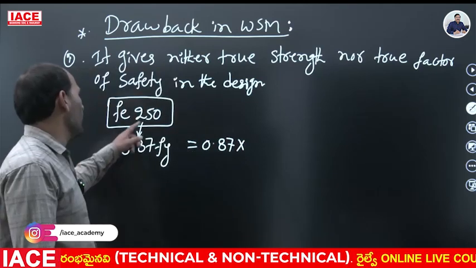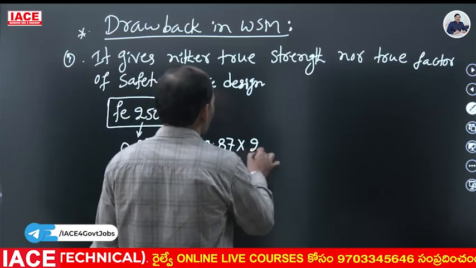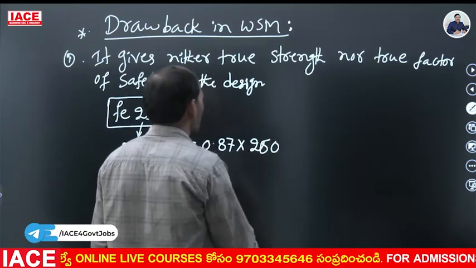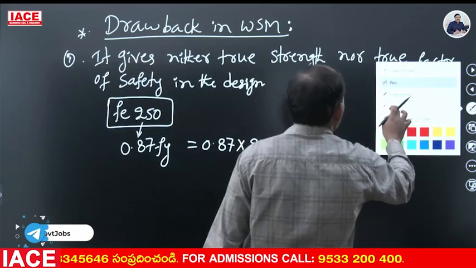What is the Fy value? The characteristic yield strength value is 250 Newton per mm square.